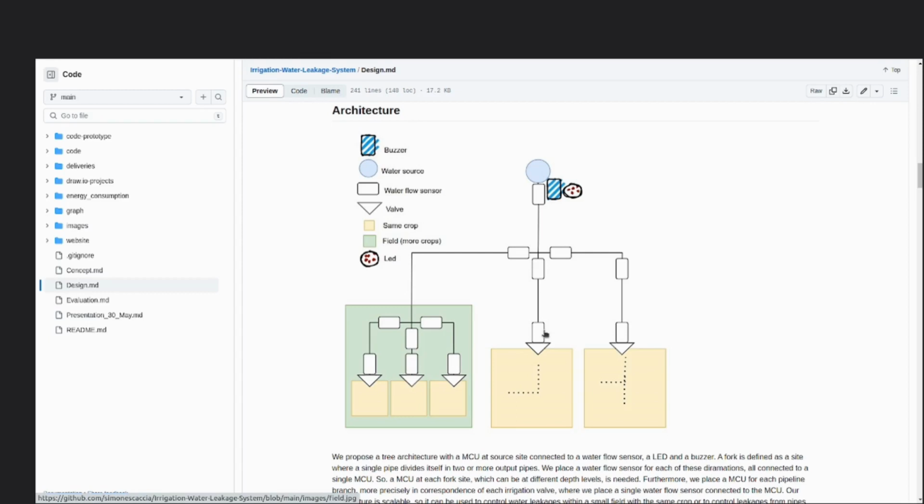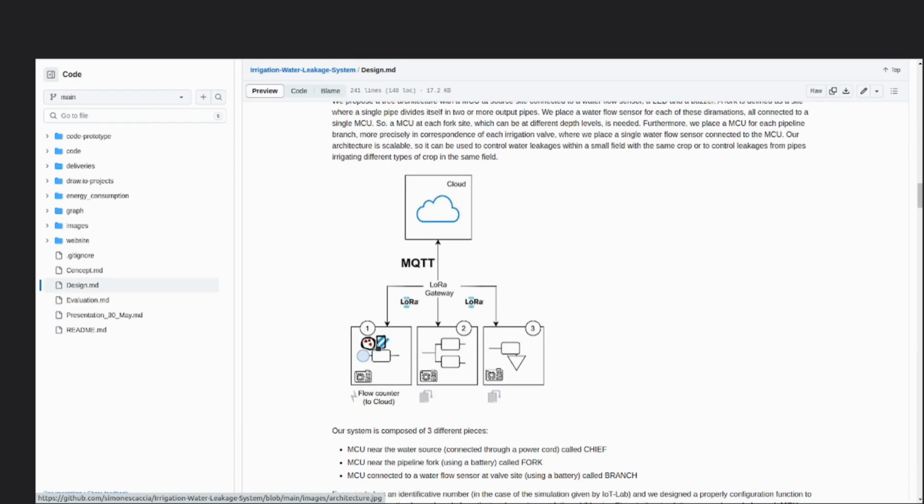the irrigation valve site. So as we can see in the network architecture, these three main components can communicate between themselves using the LoRa protocol and also with the LoRa gateway. A main difference is that the sheaf component is attached to a power cord, because ideally it is near some farmer's building, while the other two components, so fork and branch, are battery powered.